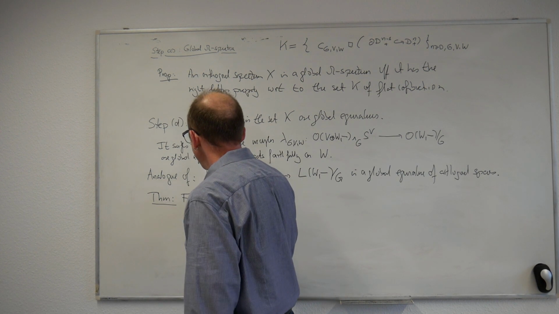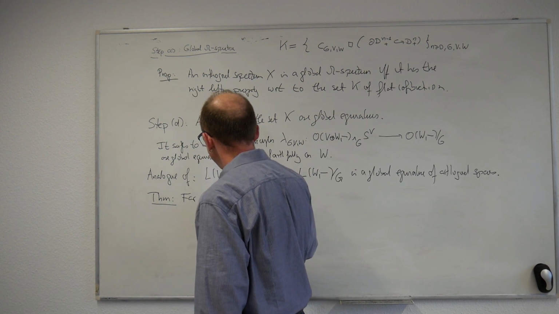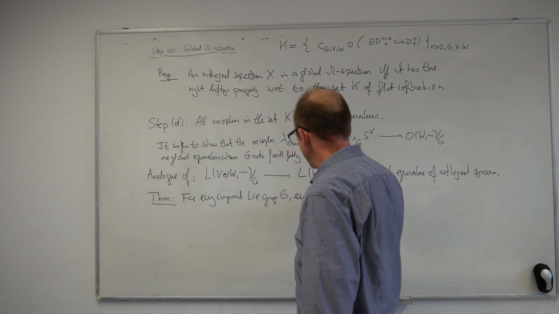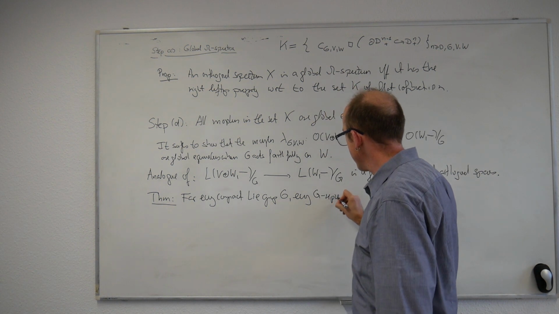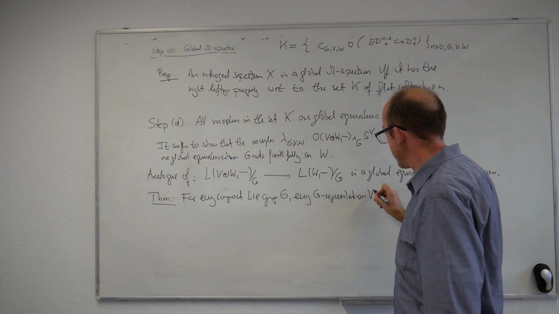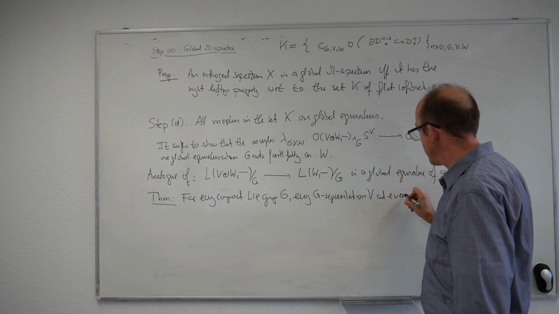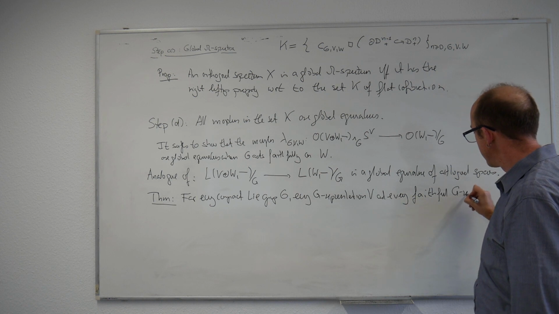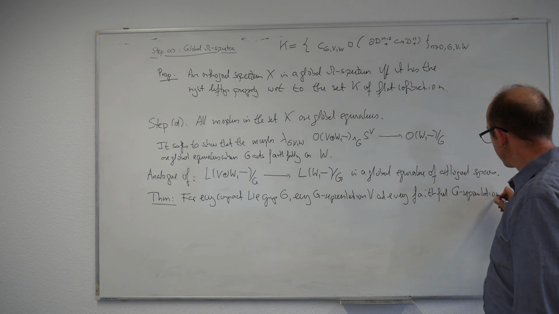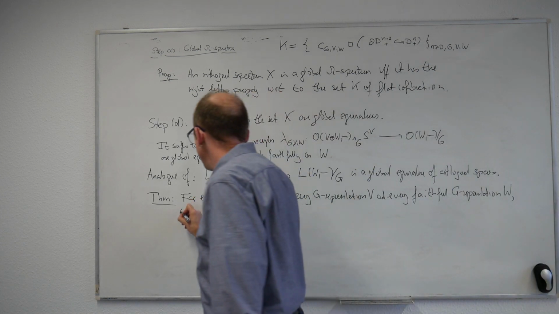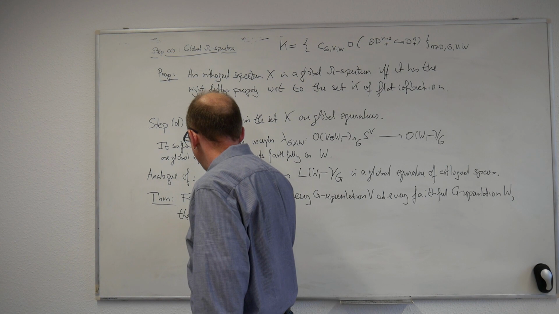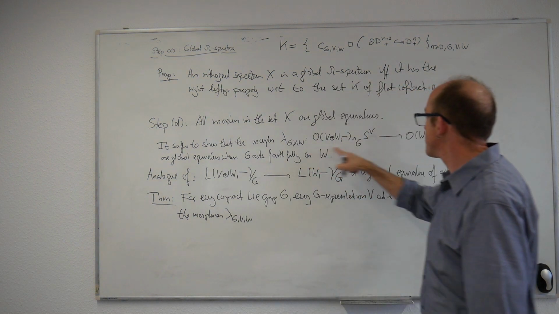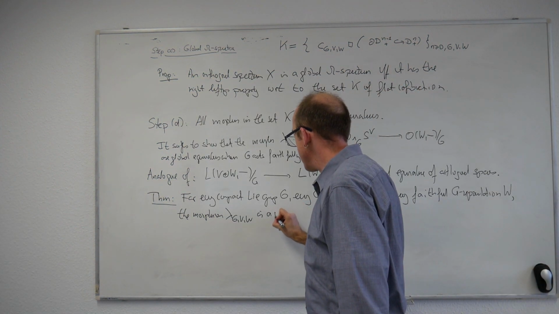For every compact Lie group G, every G representation V, and every faithful G representation W, the morphism lambda G V W, this one here, is a global equivalence of orthogonal spectra.